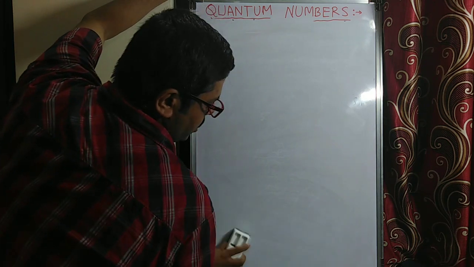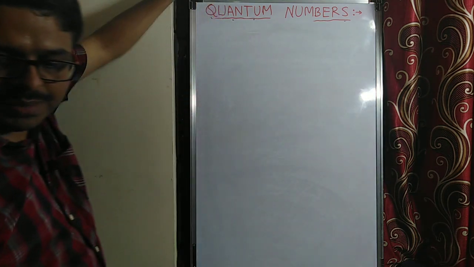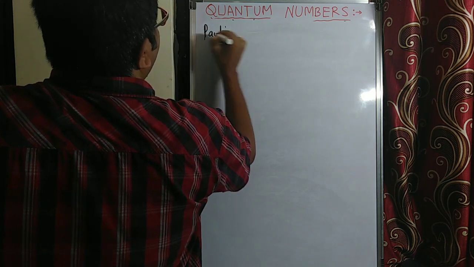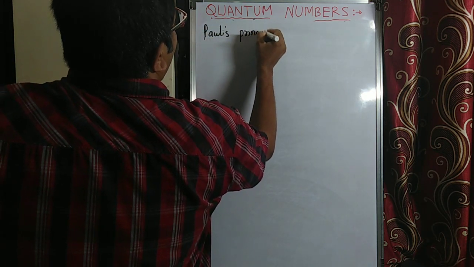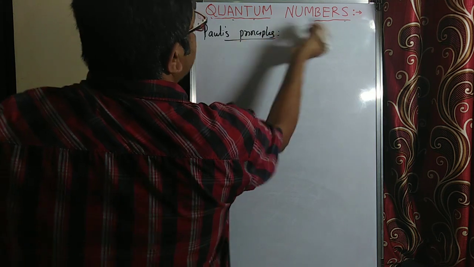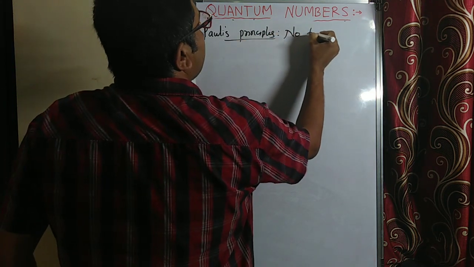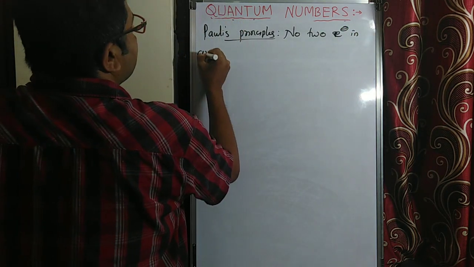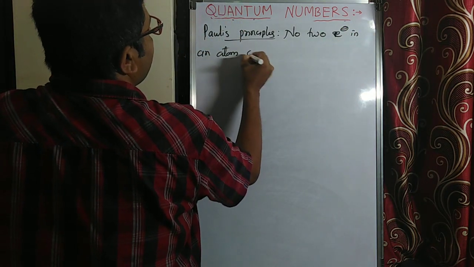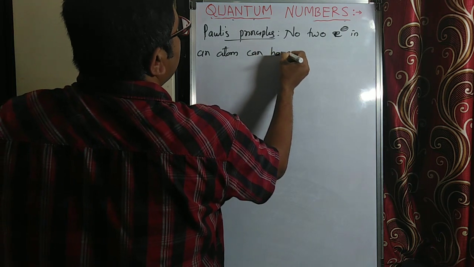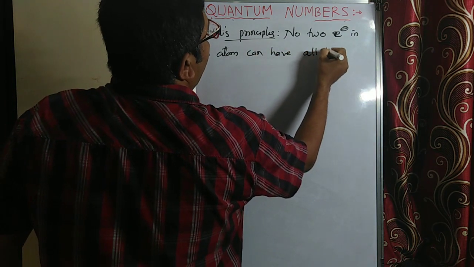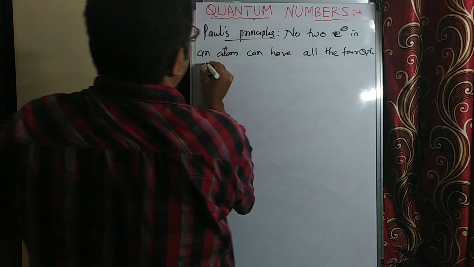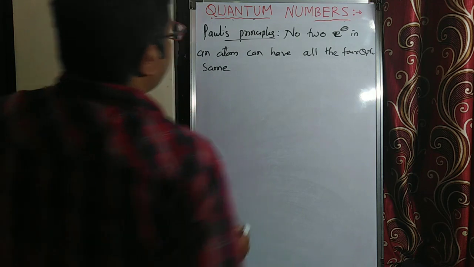After filling in increasing order of energy, remember Pauli's principle. According to Pauli's principle, how many electrons can be filled? Very famous statement: no two electrons in an atom can have the same set of all four quantum numbers.